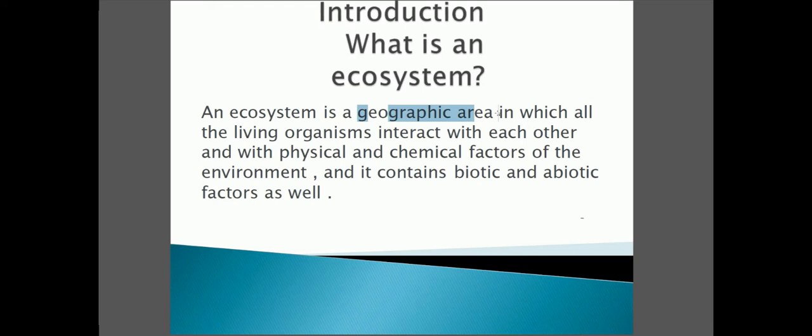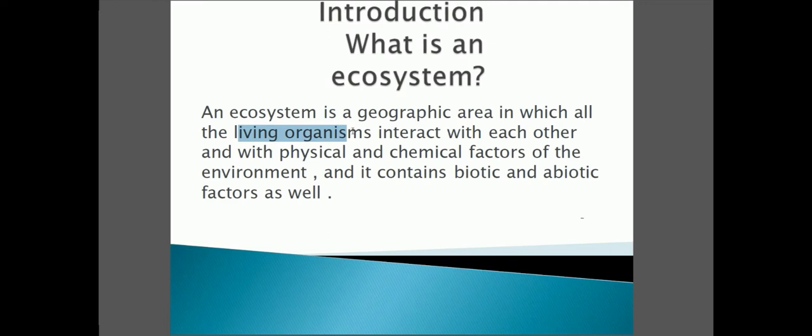An ecosystem is basically a geographical area in which multiple organisms are living, such as humans, animals, plants, microorganisms, birds, insects, and many more. They are living together in a specific geographical area. They can interact with each other and with the physical and chemical factors in that area.